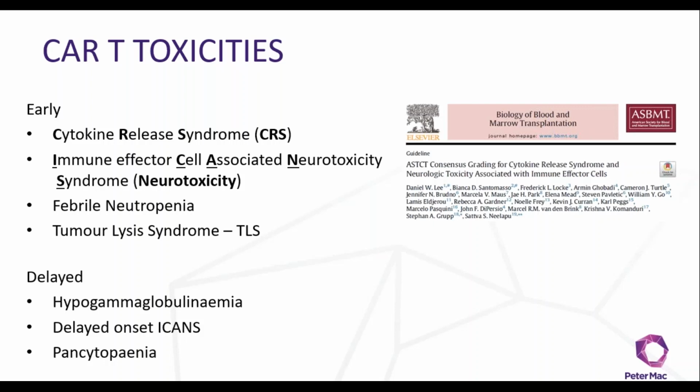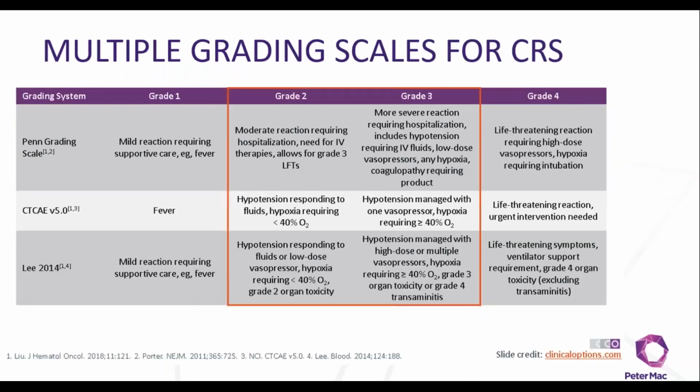So although they're after that high risk period, they can still go on to have pretty profound cytopenias. And it's not well understood why, but it can be quite concerning for some patients.